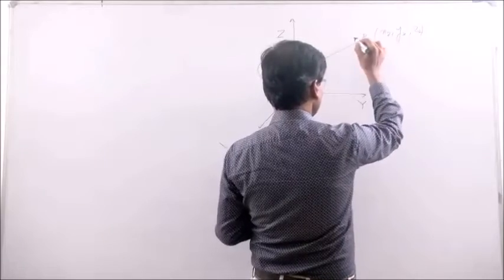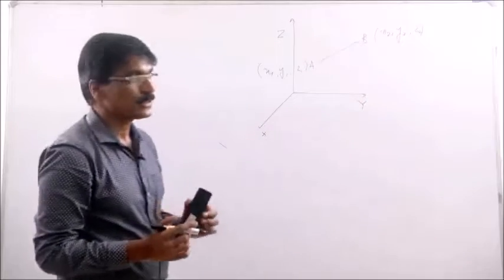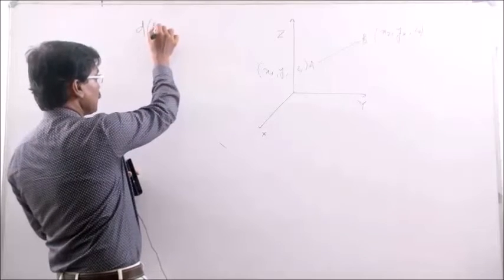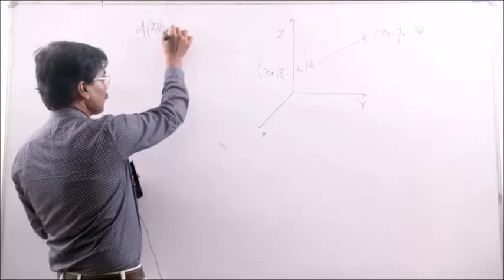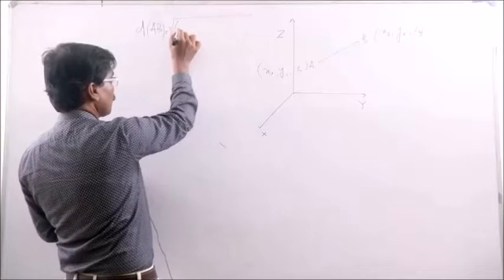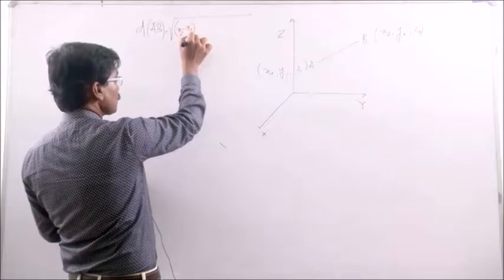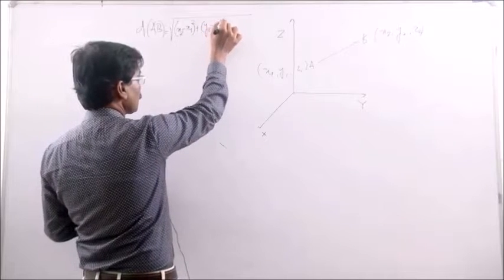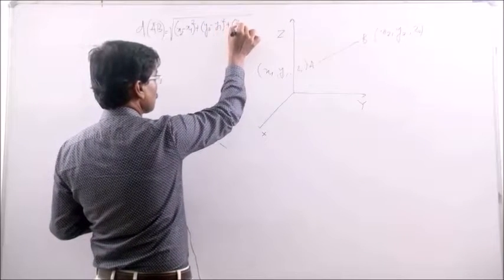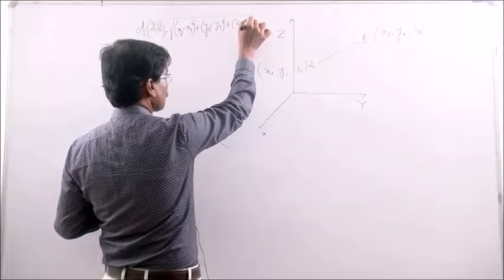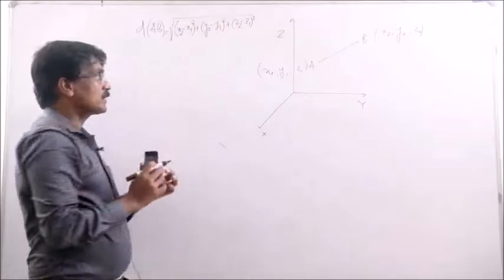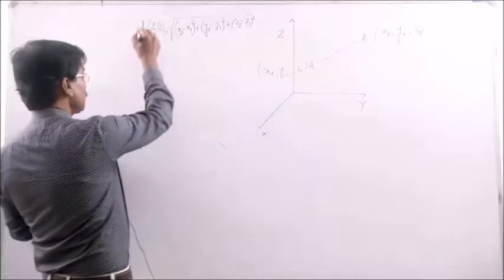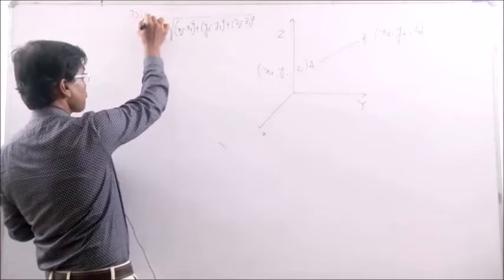So, the distance formula is same as in 2 dimension, that is distance between A and B is equal to root over (x2 minus x1) whole square plus (y2 minus y1) whole square plus (z2 minus z1) whole square. So, this is same as 2 dimension excluding the z coordinate. So, this is called the distance formula.